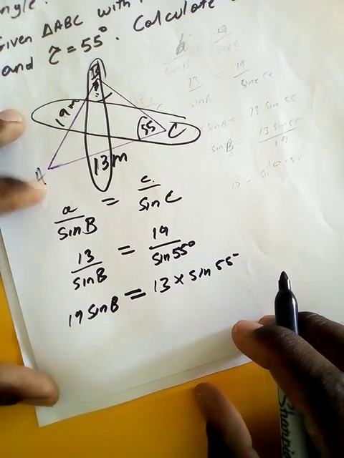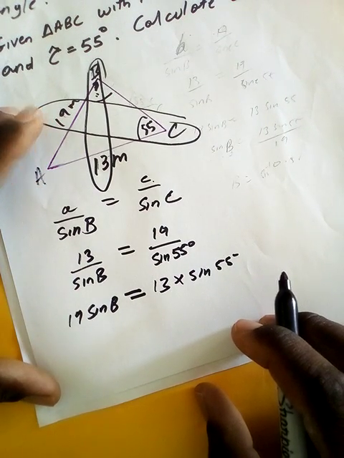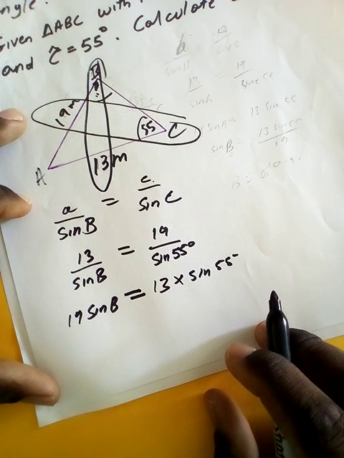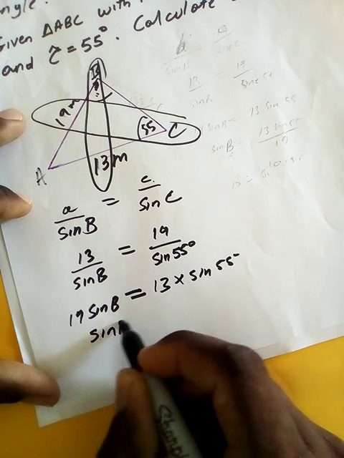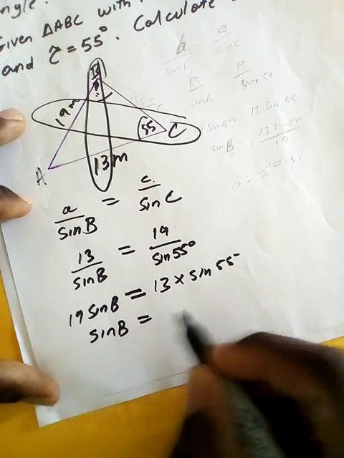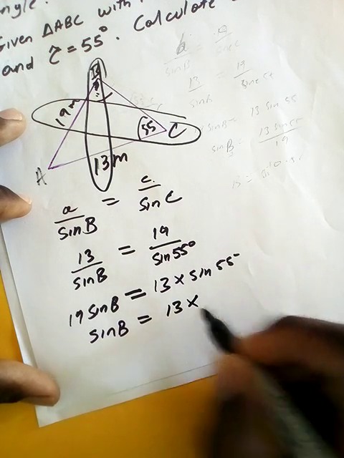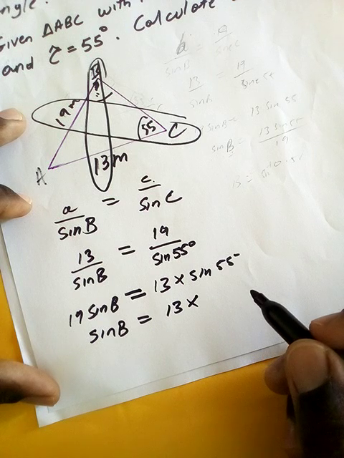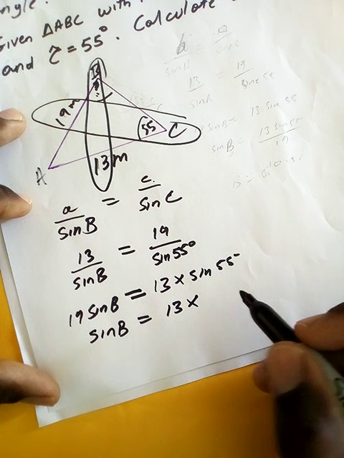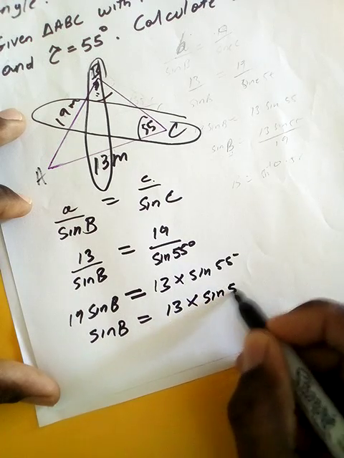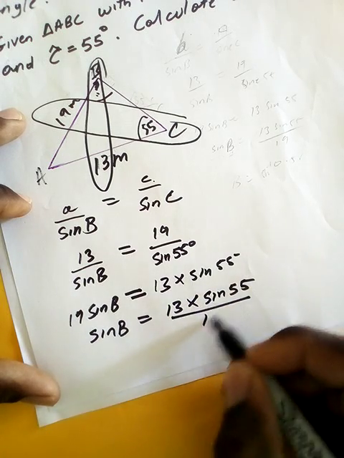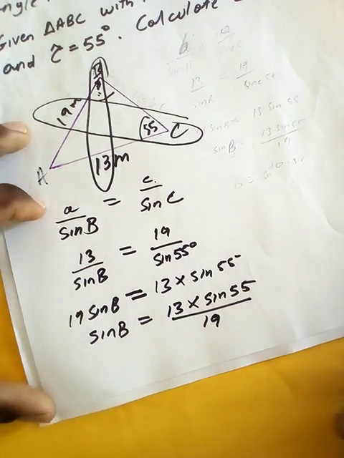Remember the aim is to find angle B. So therefore sine B equal 13 times sine 55 over 19.